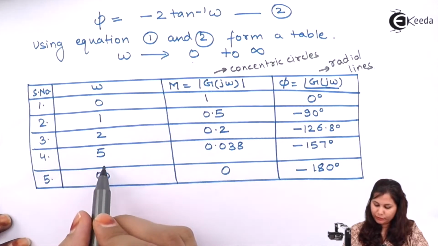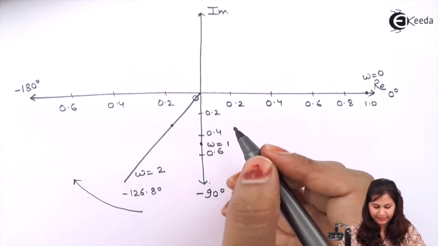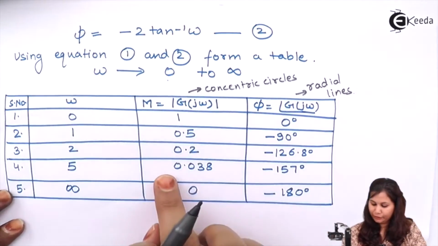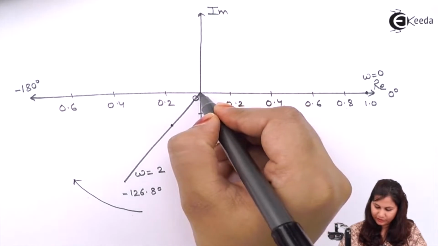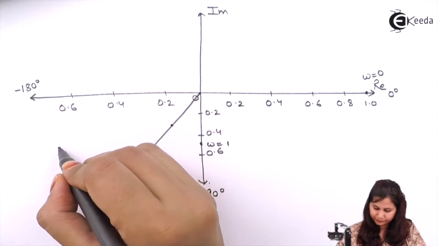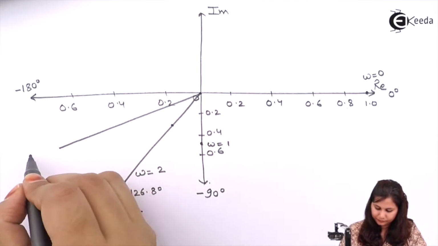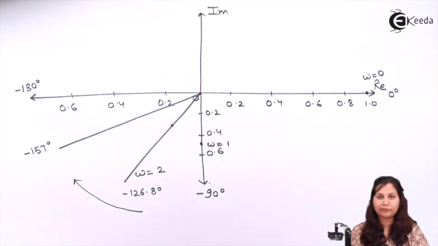Now for omega equals 5, the phase angle is minus 157 degrees and the magnitude is 0.038. So minus 157 is plotted with the help of a protector.